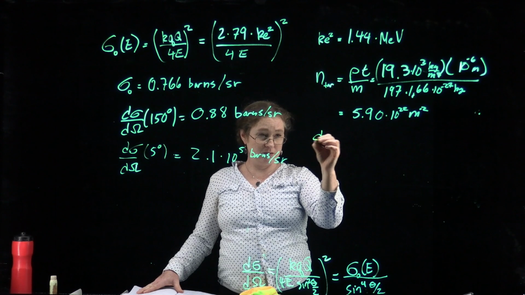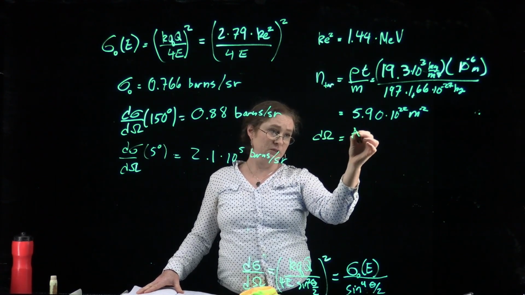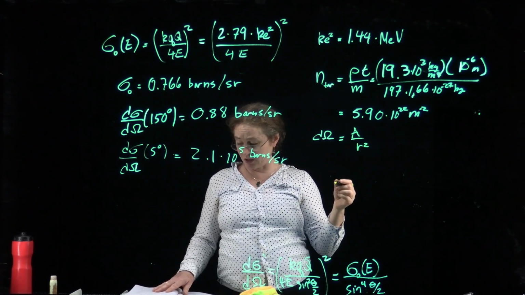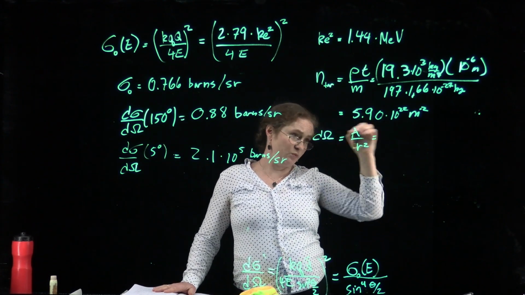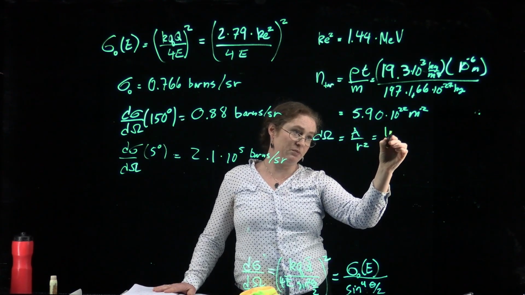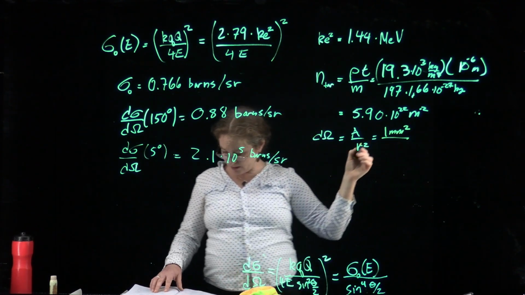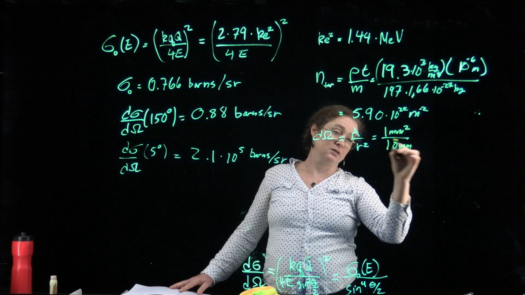And then a small segment of the solid angle. They used a square target with a width of 1 millimeter. So you've got 1 millimeter squared, and the screen was 10 millimeters away.